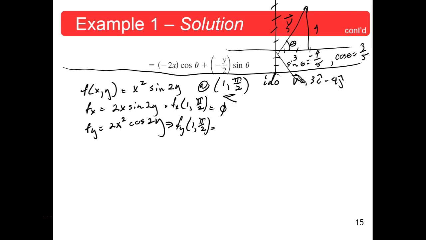Cosine starts at 1. At pi halves it goes down to 0, and at pi it goes down to negative 1. I forgot the negative sign.